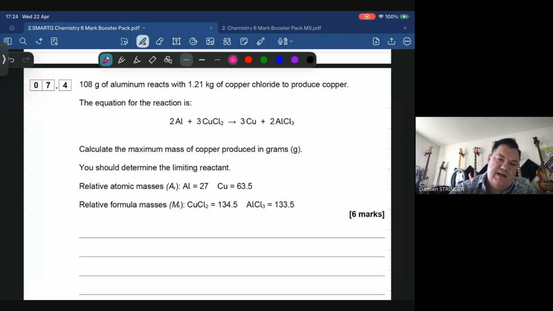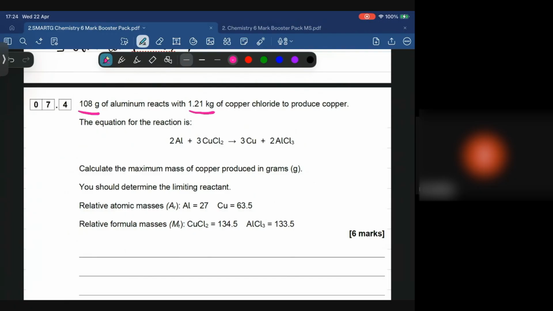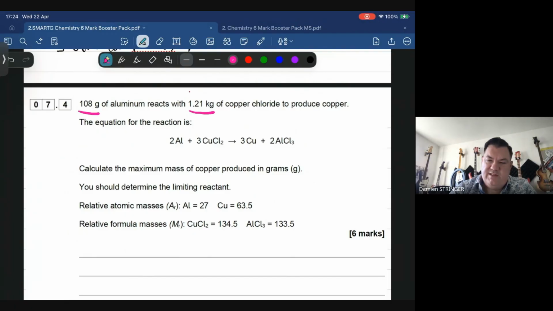I'm underlining 108 because it's going to be important. 1.21 kilograms of copper, right? Copper chloride. So what is the first thing we should do if we've got grams in one and kilograms in another? What do we think, Louis? You convert it to one or the other, so I usually convert it into grams. Yeah, that's dead right. So 1,210 grams to produce copper.